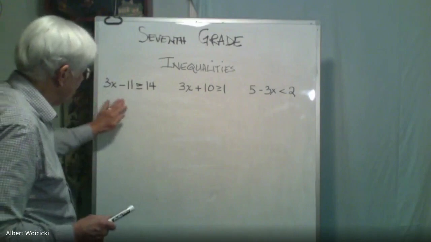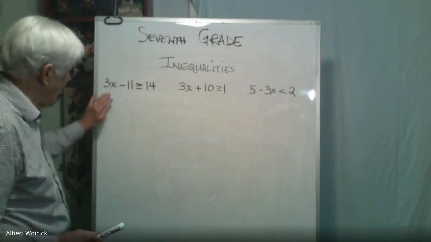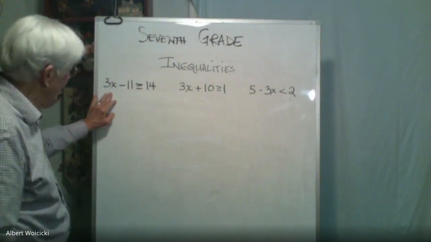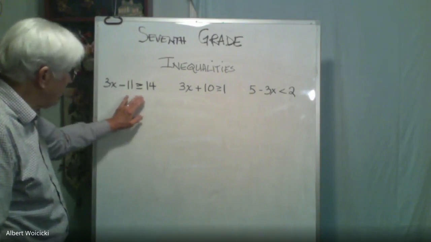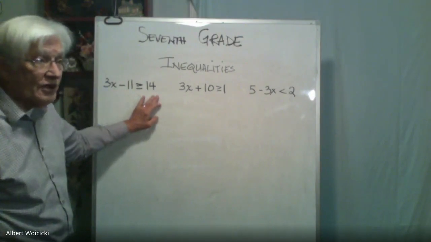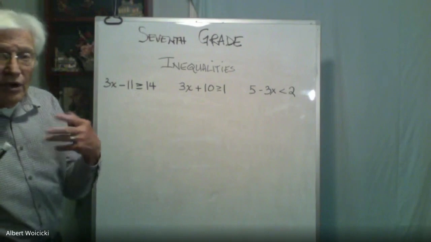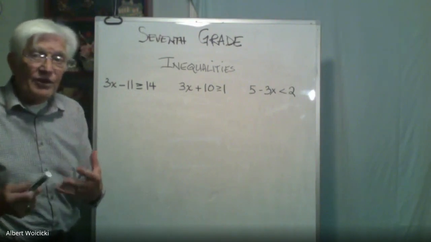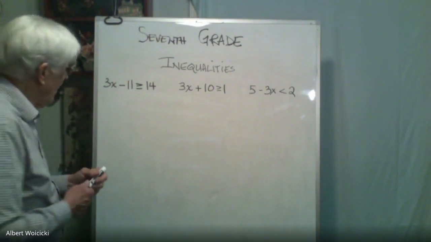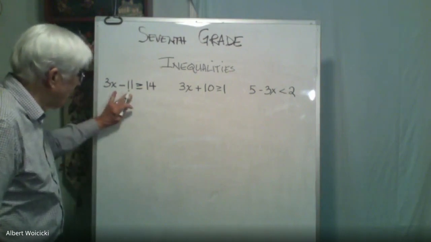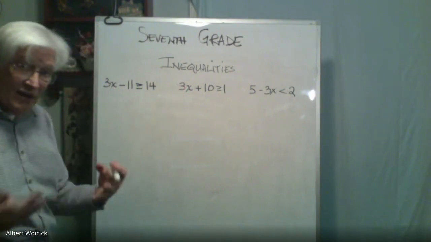First of all, this is a standard inequality. It says that 3 times the number, subtract 11, is greater than or equal to 14. Now, we're going to do exactly the same thing we did with equations. We're going to have to move this 11 over the other side by adding 11 on both sides.